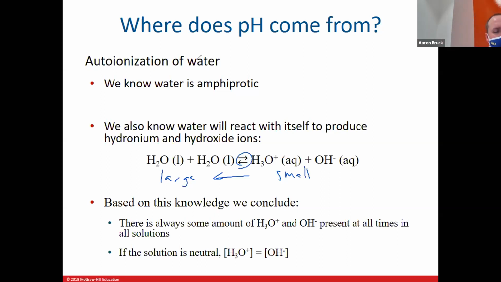If that solution happens to be neutral, that means that the hydronium and the hydroxide concentrations are equal to each other, and they basically level each other out. That concentration is 1.0 times 10 to the negative 7th molar.